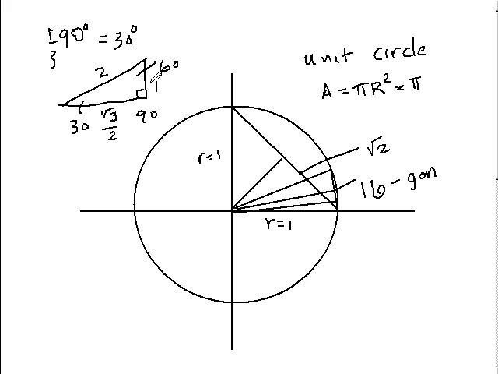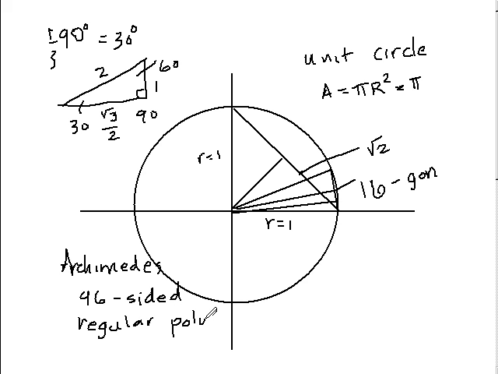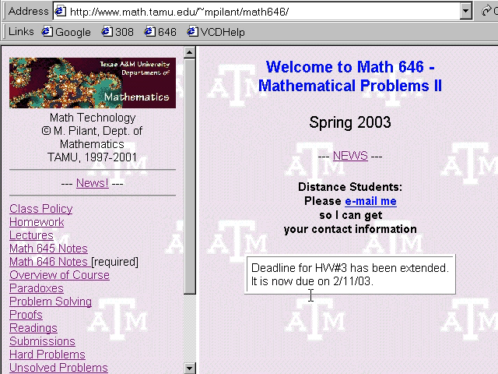And if you take 30 degrees and bisect it 4 times in succession, then you'll have a 96-sided polygon, and you can calculate the area of that triangle. So Archimedes actually had a very good approximation to pi as a 96-sided regular polygon. So he could calculate pi to quite a bit of accuracy.